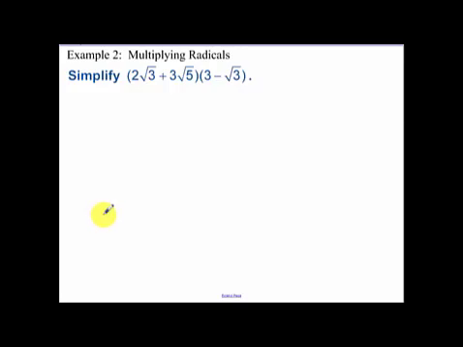Okay, multiplying radicals. Basically, this is just FOIL. Just think about it like FOIL. First terms together: 2 times that 3 would be a 6 root 3.